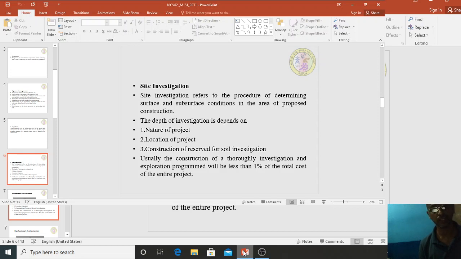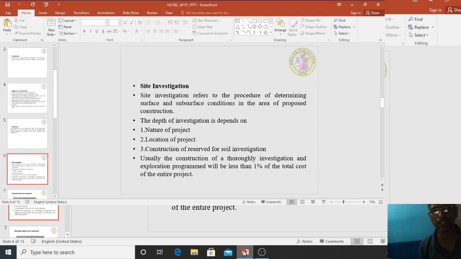And regarding location, if the project is located near an earthquake prone area, the testing procedure is different. If a project is located near a non-earthquake prone area, testing procedures are different. Cost also plays a vital role.